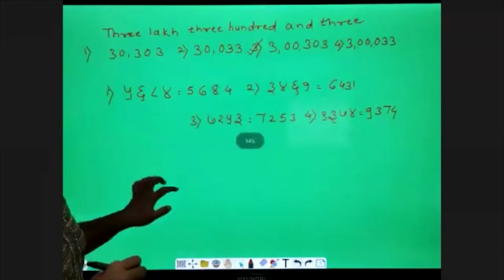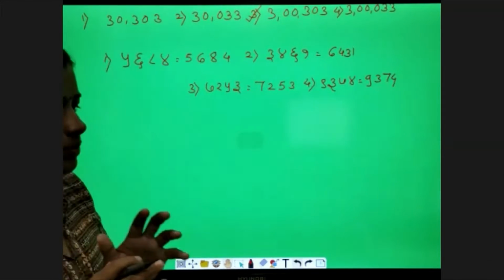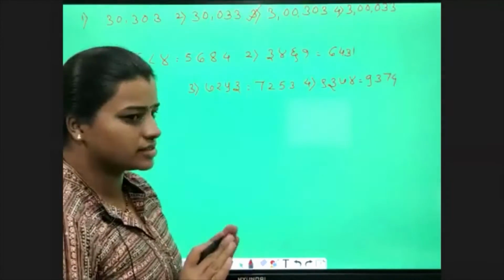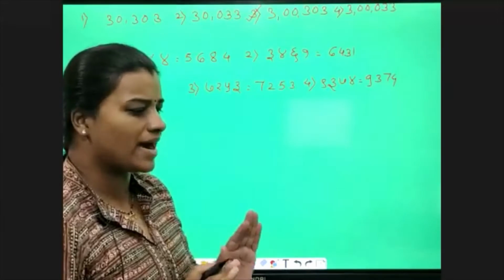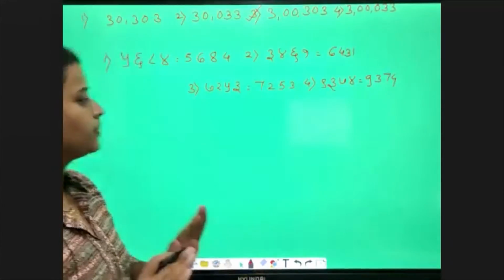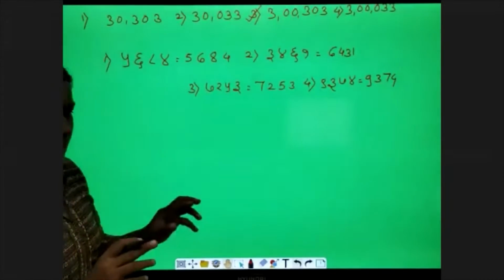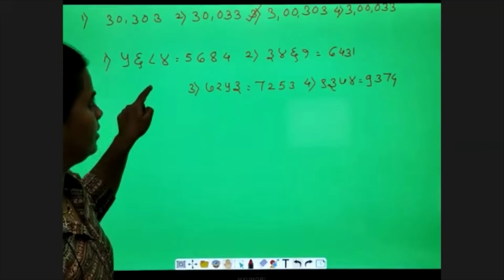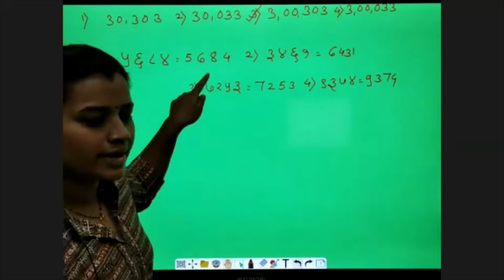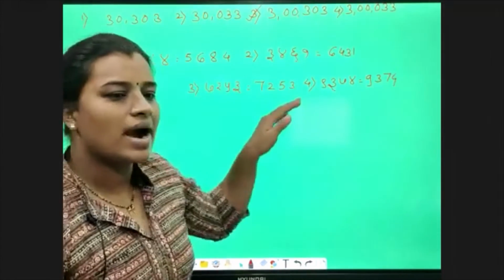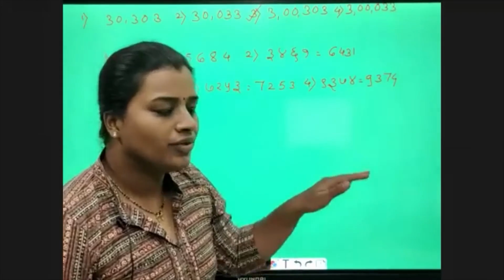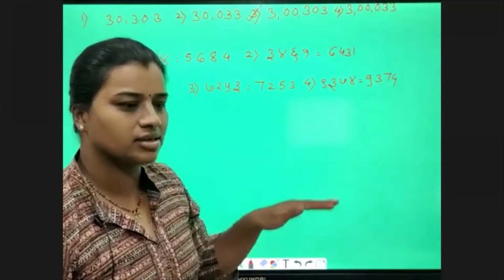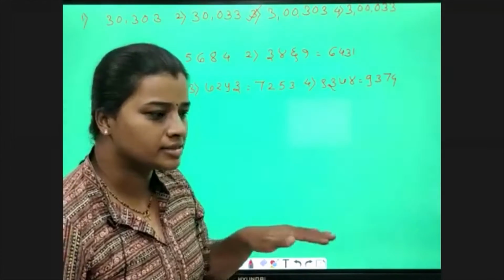Wait, let me explain, then we will start. See, these are the pairs. One is in Devanagari, which means Marathi, and one is our international numeral. They have asked us which pair is wrong.